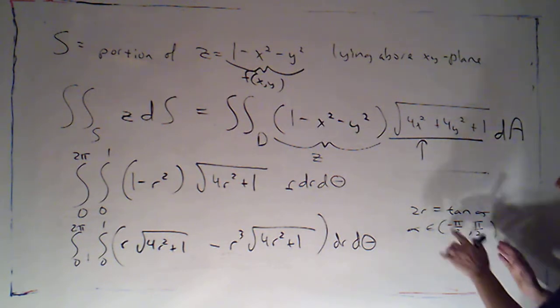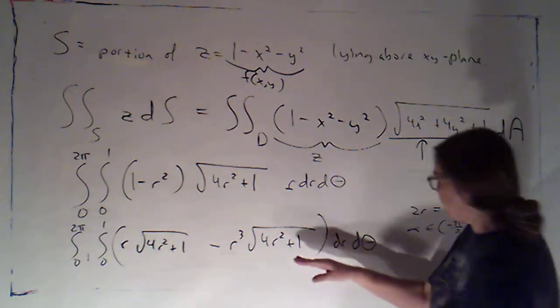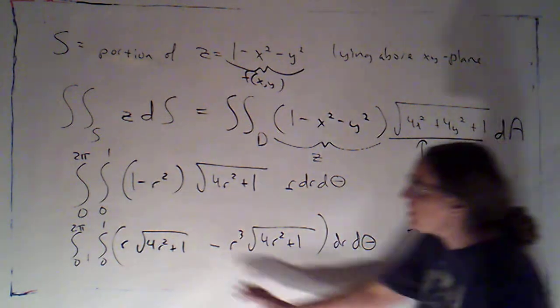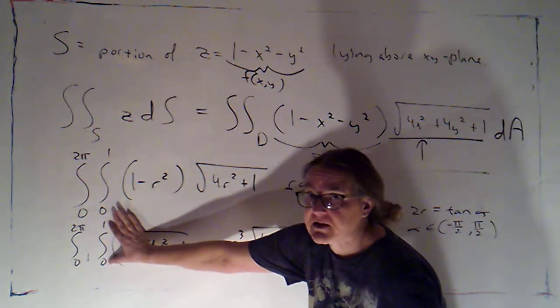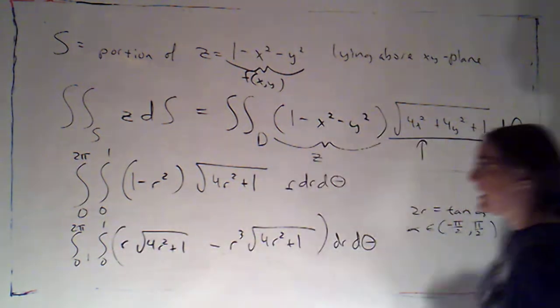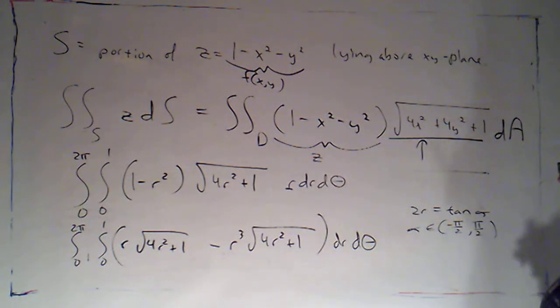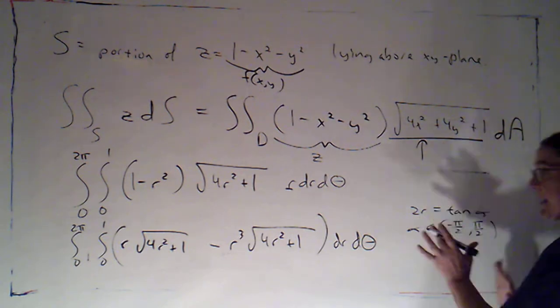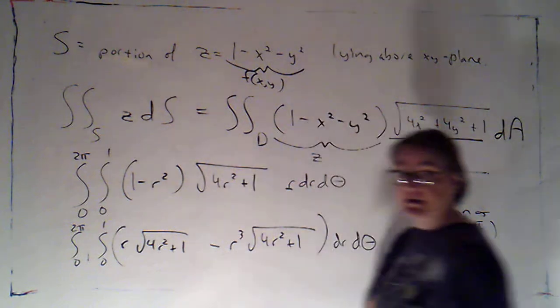Okay. If I want, I can use the fact that because I'm describing it in terms of r, I can actually find specific limits of integration. This would basically become inverse tangent of 0 to inverse tangent of 2. So with a definite integral, I'm going to have specific limits of integration.